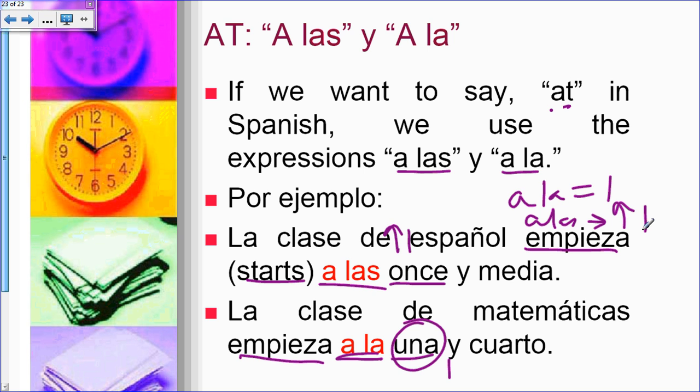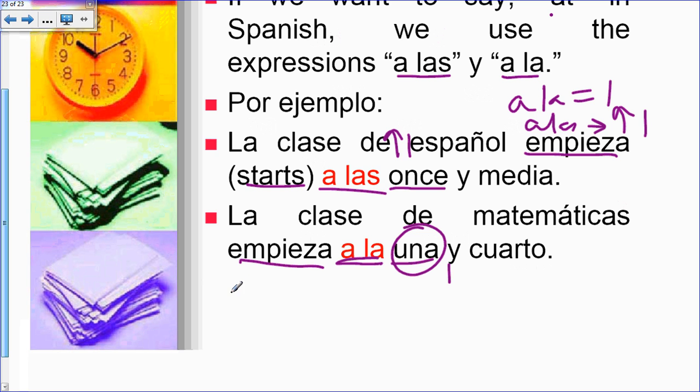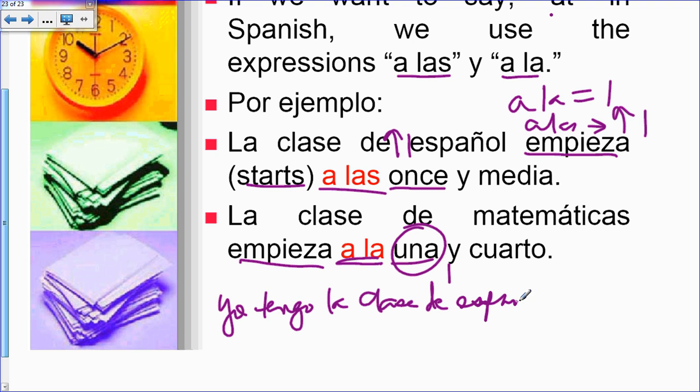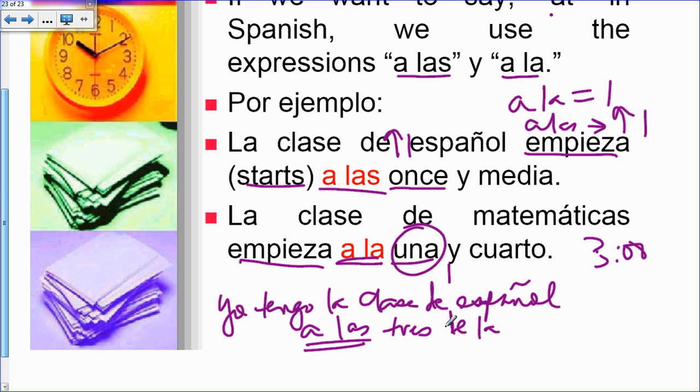So if you want to say you have Spanish class at 3 o'clock, I'm going to say yo tengo la clase de español. I said 3 o'clock. Now, because it's 3, I'm going to use a las 3 de la tarde.